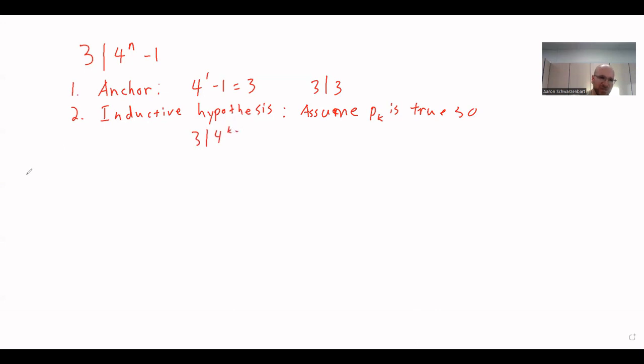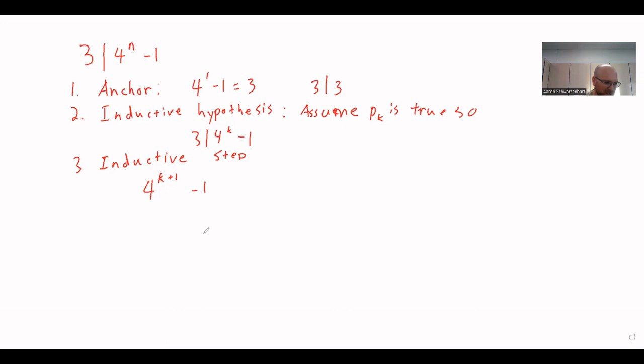Oops, the minus 1 is not part of the exponent. So inductive step, I'm going to show it for k plus 1. And that means I'm just going to have to factor out a 3. So here I've got 4^(k+1) minus 1.